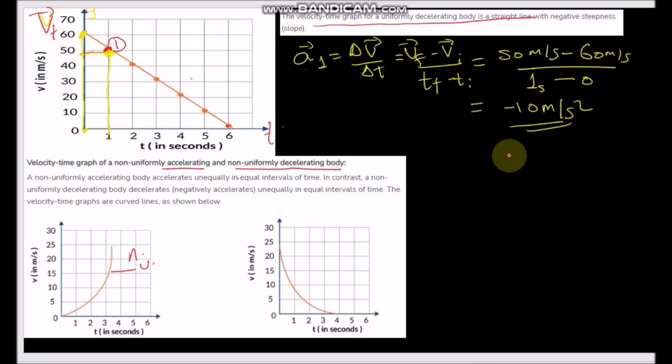Okay, parabolic. Look at the graph. Both of them have a parabolic shape, but this one is for the accelerated, I mean the decelerated, sorry, I'm a little bit fast. This is for deceleration.